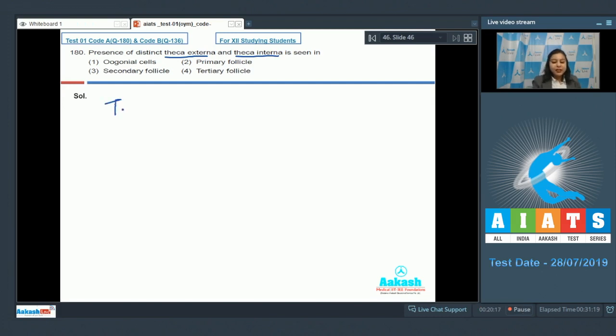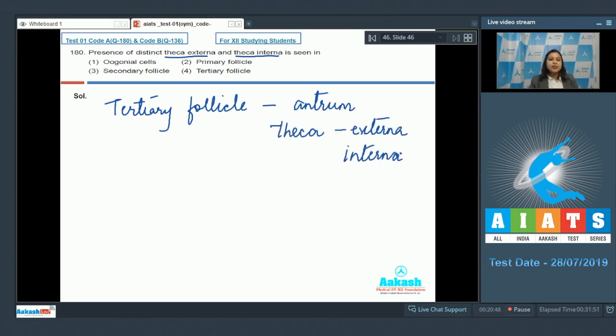So basically we say that the tertiary follicle is characterized by the presence of an antrum which contains liquor folliculi or follicular fluid and theca. These are the layers which are formed of follicular or granulosa cells, and these are present in the tertiary follicle, which will also be present in the Graafian follicle.